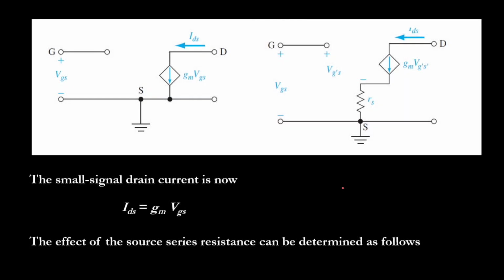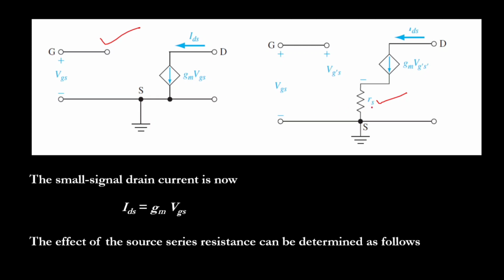Yes, this is the diagram. You can see that at small signal, when we apply a low frequency signal, this is the equivalent diagram of our JFET. From here, I can write IDS, the current between drain and source, is equal to just gm VGS.